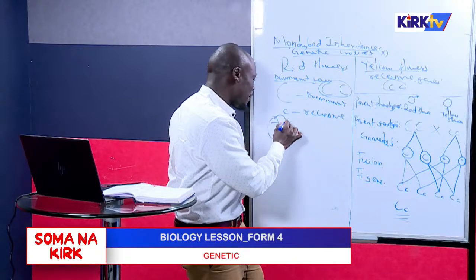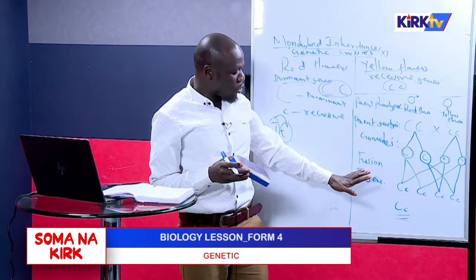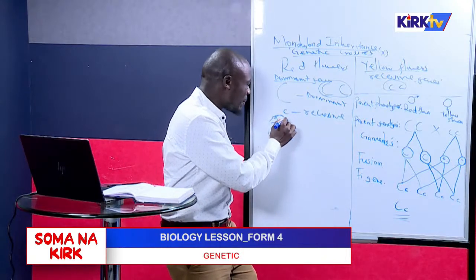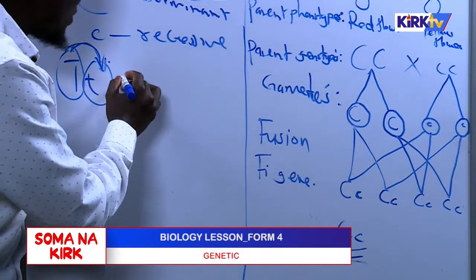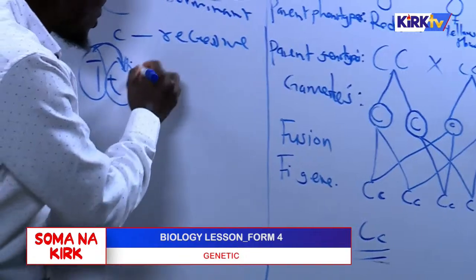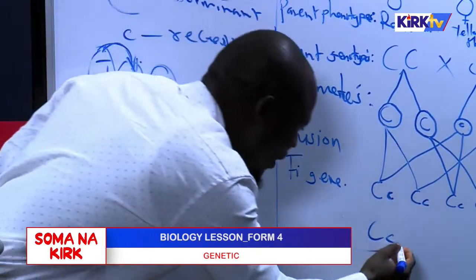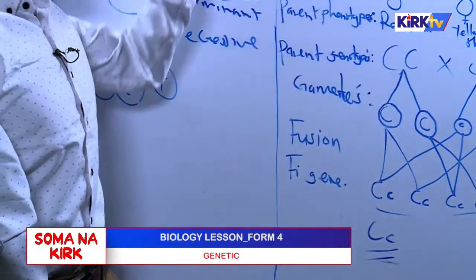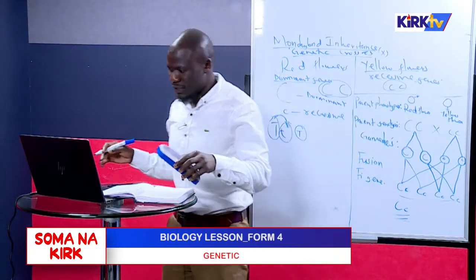Remember, the dominant will suppress the other one. Phenotypically, the capital T will take the day, what the capital T was controlling. So from here, all the F1 generation will be red in color. And that is the case.